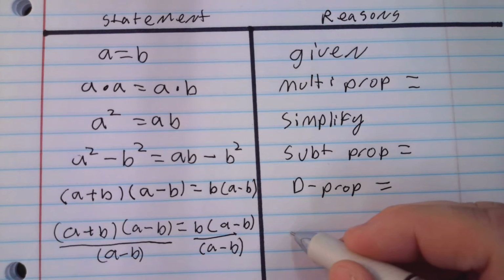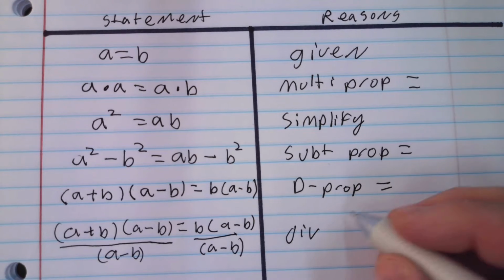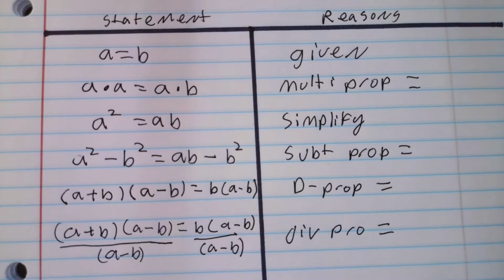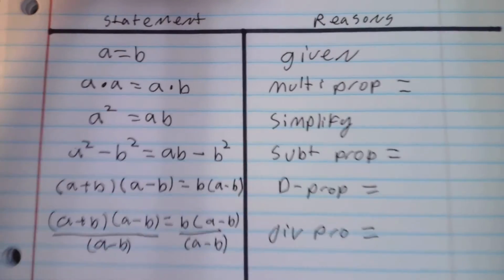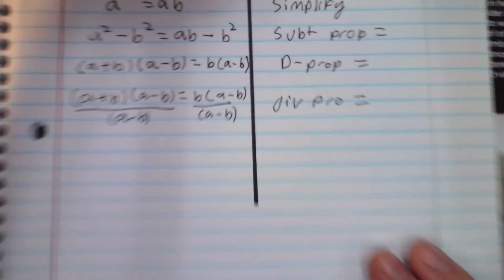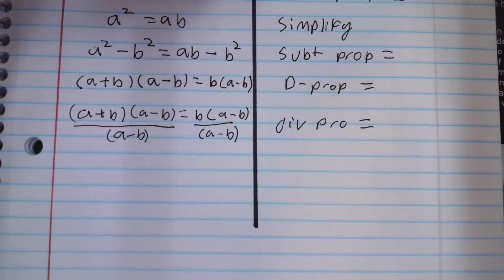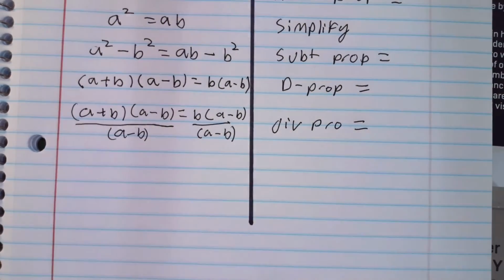Okay, so you guys are good. Division property. Okay. And this is probably longer than any of the proofs you're going to have to do. But this one is a fun proof. I like it a lot. All right, I'm doing good so far.